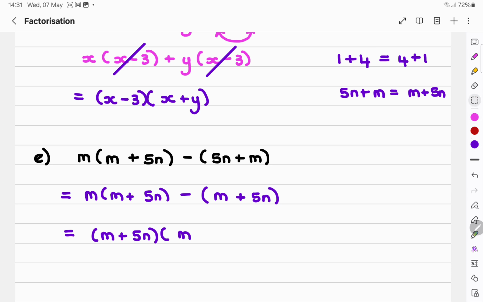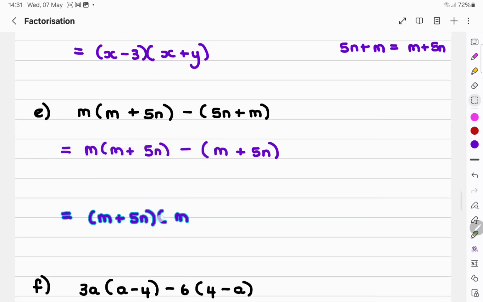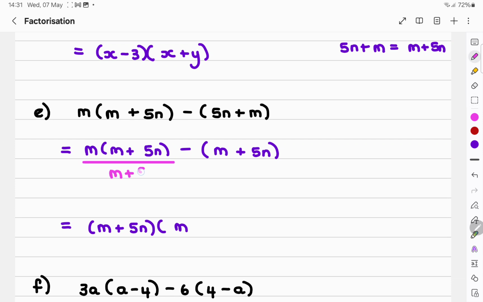Now I want to show you this. Before you guys forget this, let me show you the long way where I take out a m plus 5n, and over here, a m plus 5n. So I take out the highest common bracket, and then after I divide it away, what do I have left?